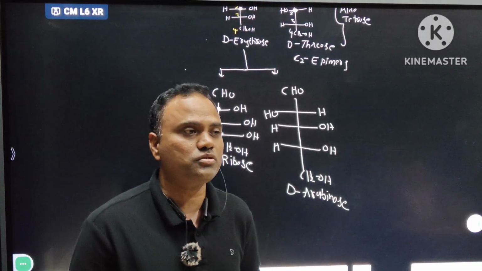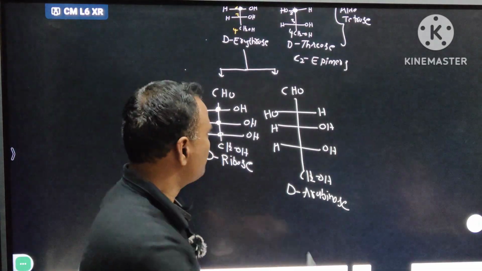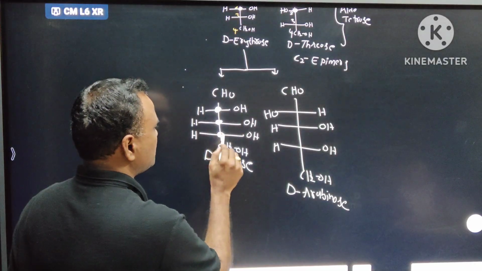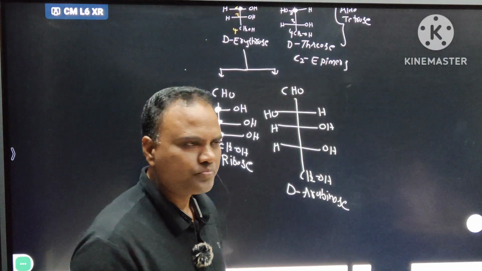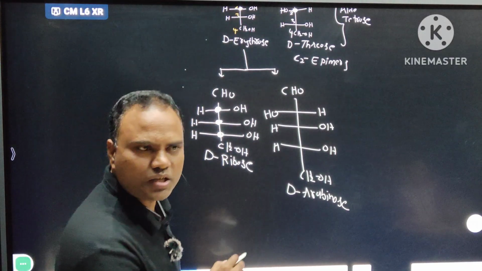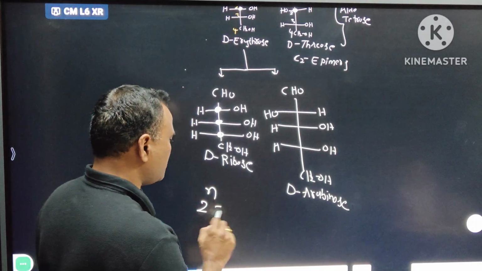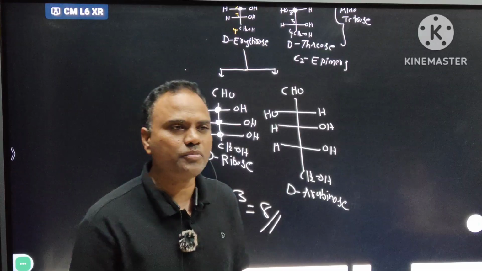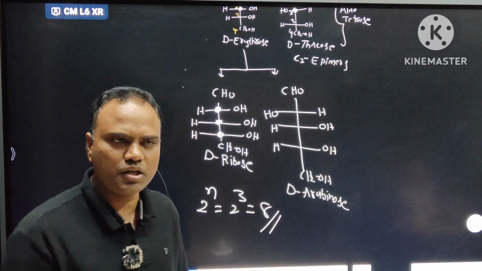One important question: the number of optical isomers. How many chiral centers are present in this? 1, 2, 3. Three chiral centers are present. What is the formula for the number of optical isomers? 2 to the power n, 2 to the power 3. So 8 optical isomers are possible for ribose and arabinose.